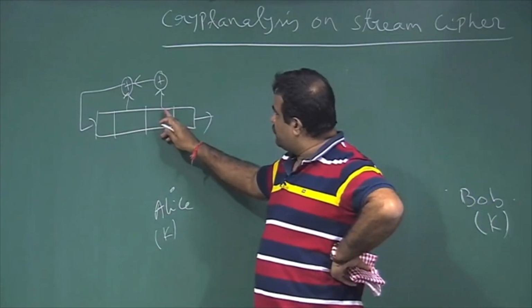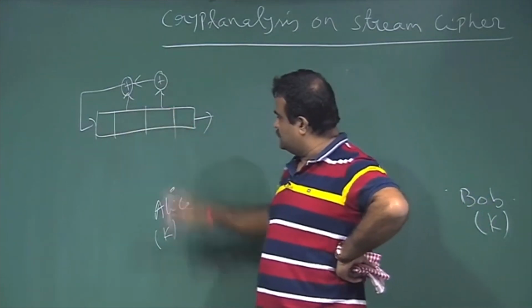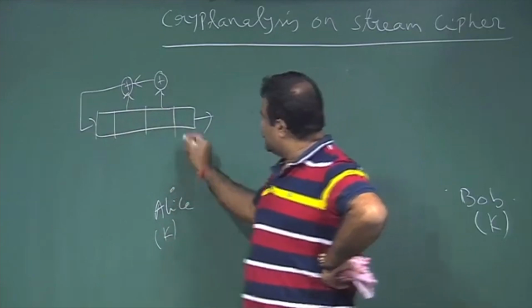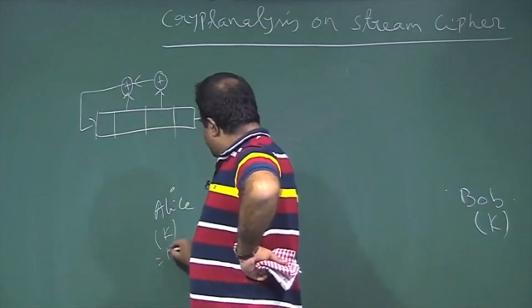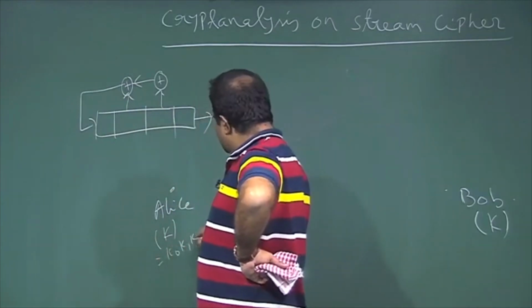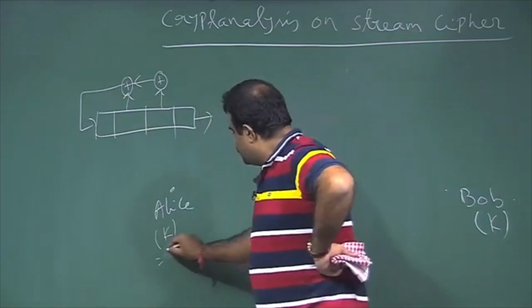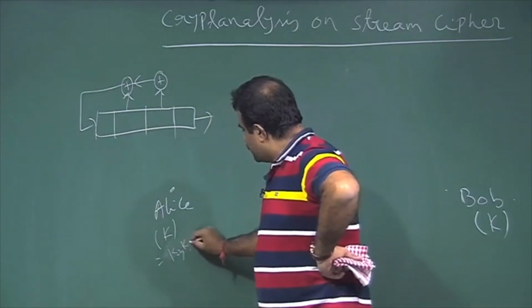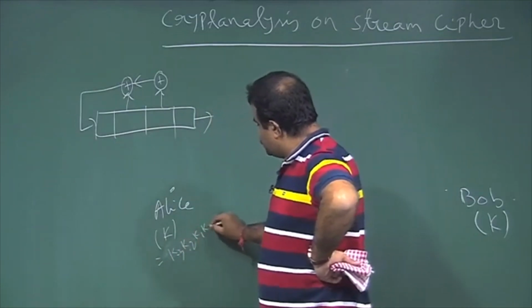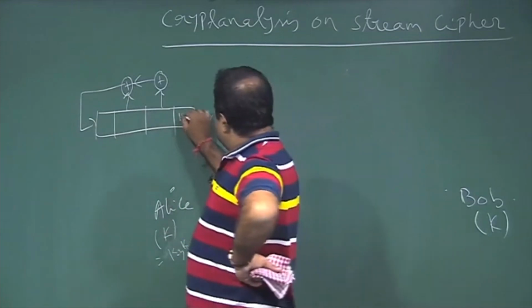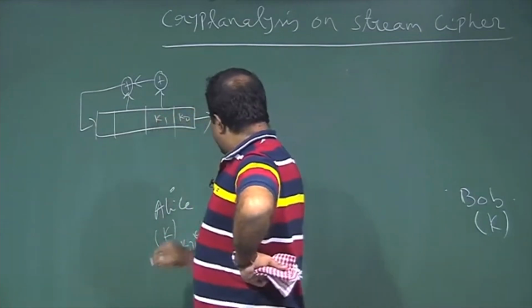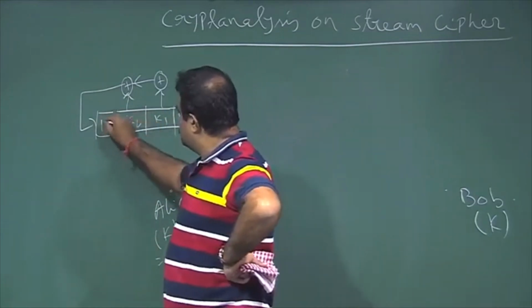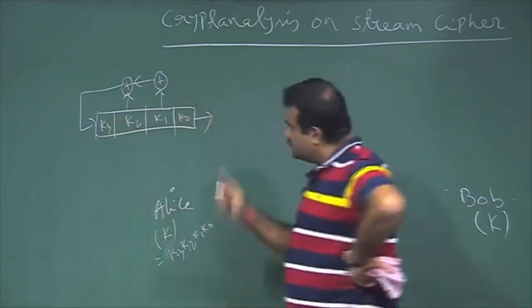We have a feedback from this bit. So if K is 4 bits, K3, K2, K1, K0, we initialize this state this way and we run the LFSR.